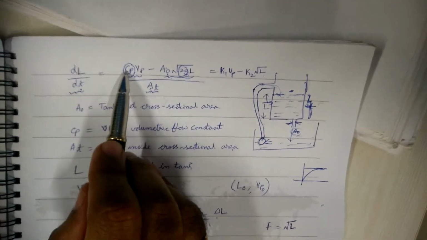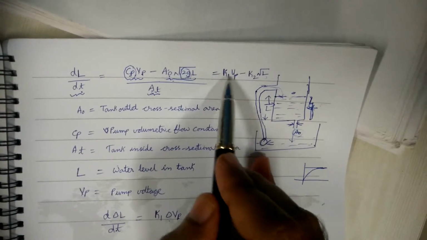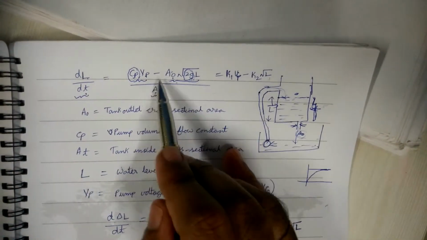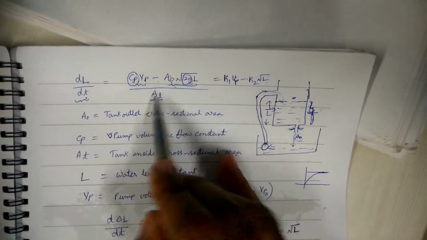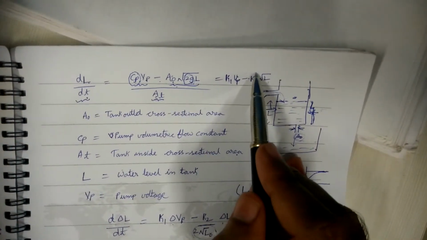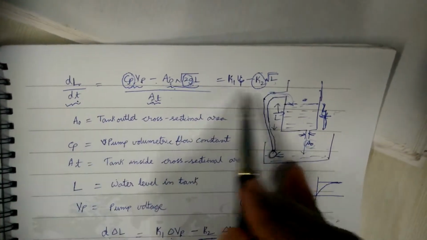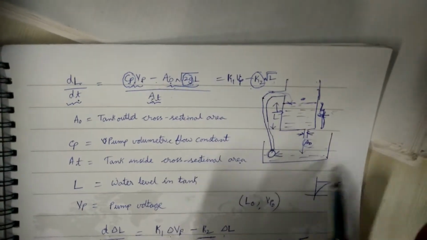So Cp by At is another constant, K1, into Vp. Vp is the input, L is the output, minus A0 by At into the square root of 2g, all together put into another constant, K2, into root L. So this is the differential equation governing this system.